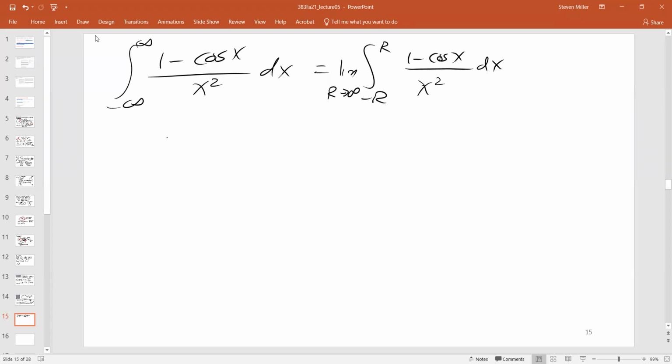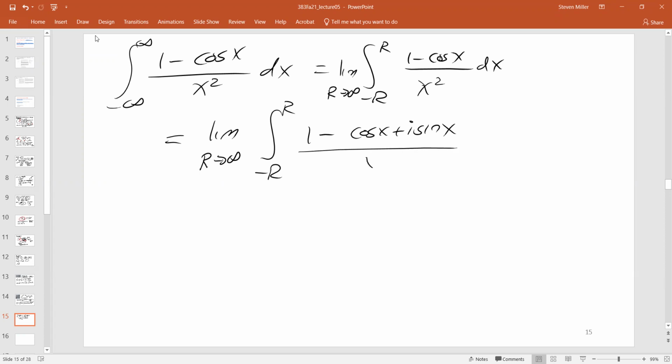So this is the same as the limit as r goes to infinity, integral from minus r to r of 1 minus cosine x plus i sine x over x squared. True or false?